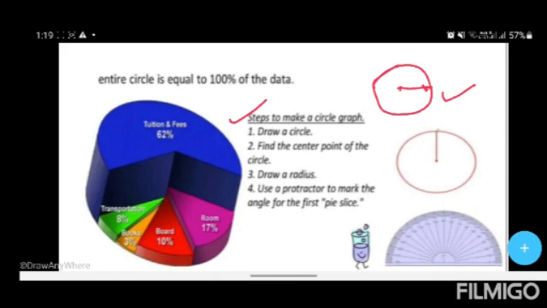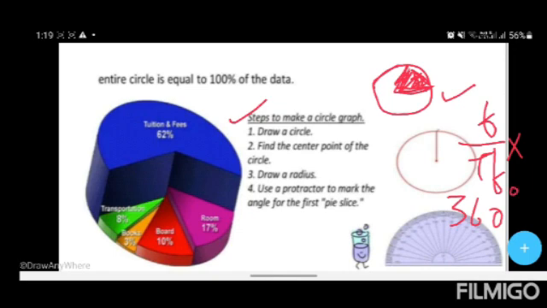For example, if our angle comes like this, so this is our first pie slice, so it will be like this. To find angles, we have to divide the frequency by its total frequency and multiply with 360 degree. We will get the angles.